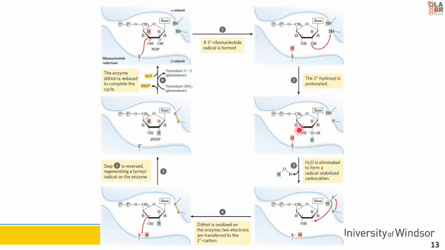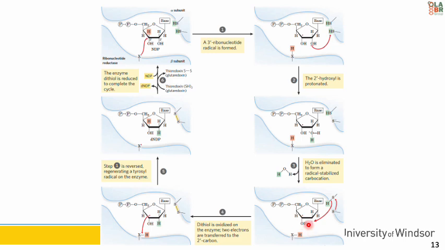We have that hydrogen that ended up binding to this active radical site. Now H2O, our water, is eliminated to form a radical stabilized carbocation. Down here, we have this nice carbocation, and this radical is stabilized through it.